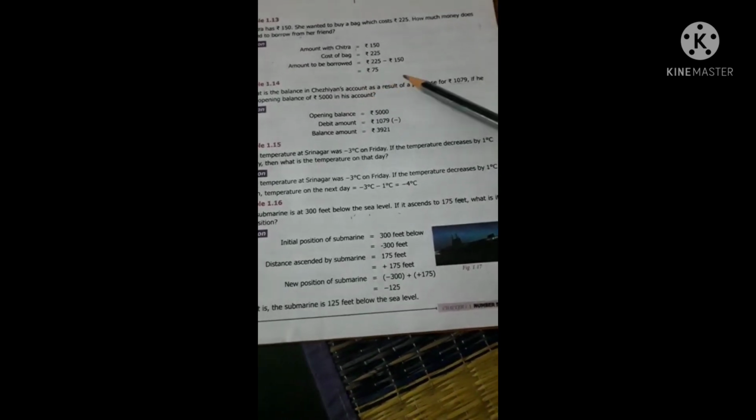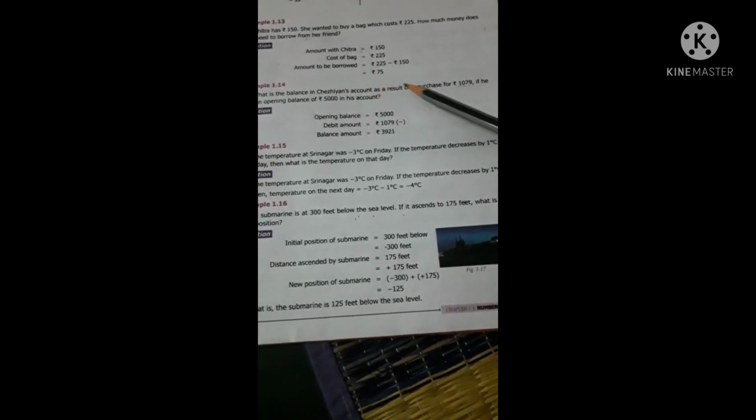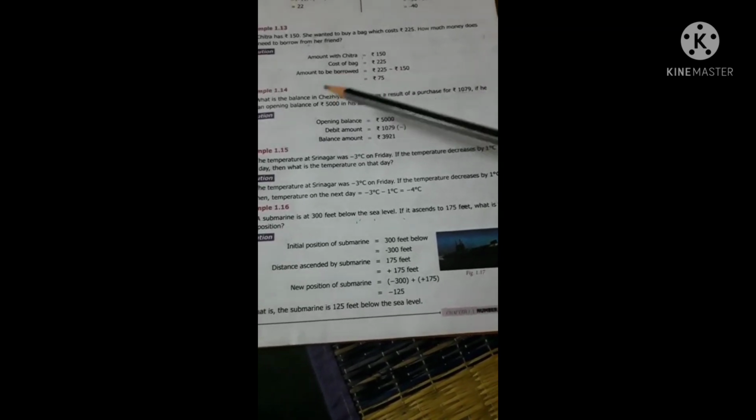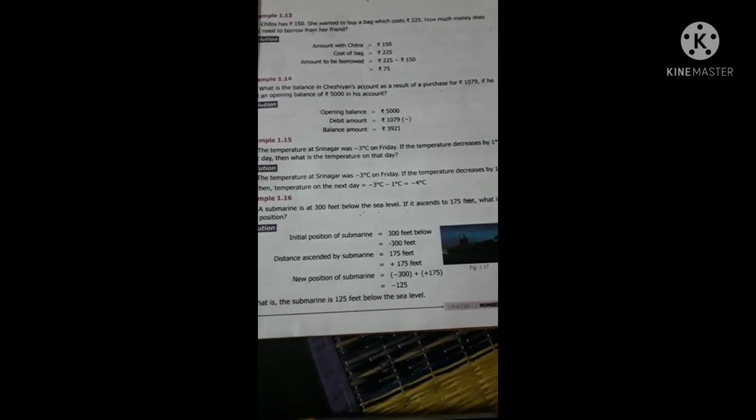So from the 5000, what did he do? Yes, a result of a purchase for rupees 1079. See, he purchased some things. How much did he purchase? 1079. If he purchased 1079, how much balance is left in the account?